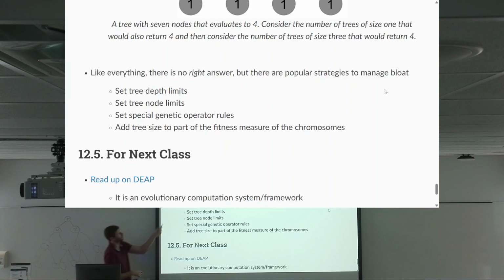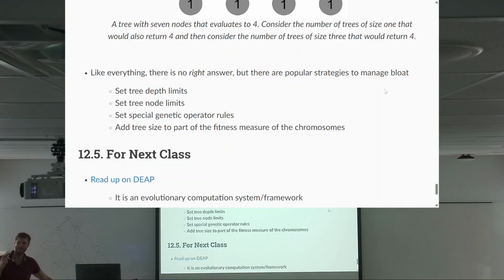You can also set node limits, the number of nodes as well. You can have special genetic operator rules as well. And here's a very interesting simple solution: you could have the number of nodes in your tree as part of the fitness measure.